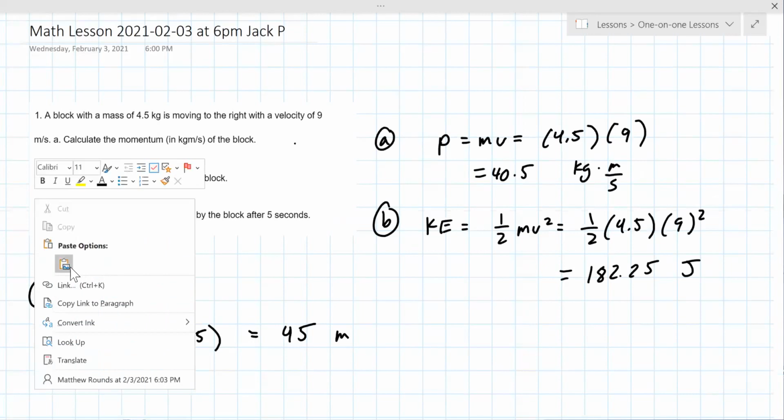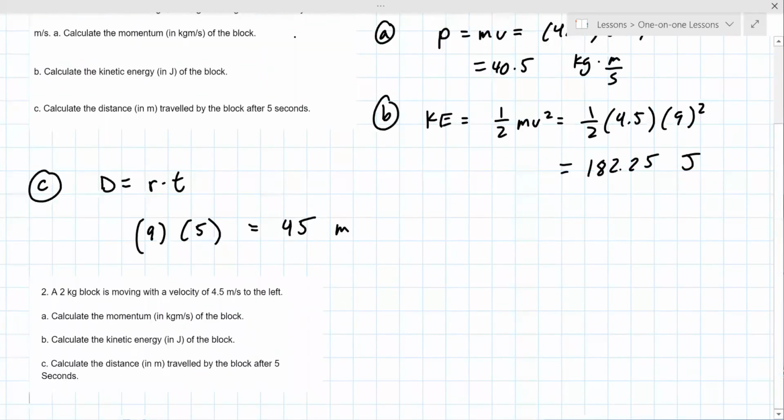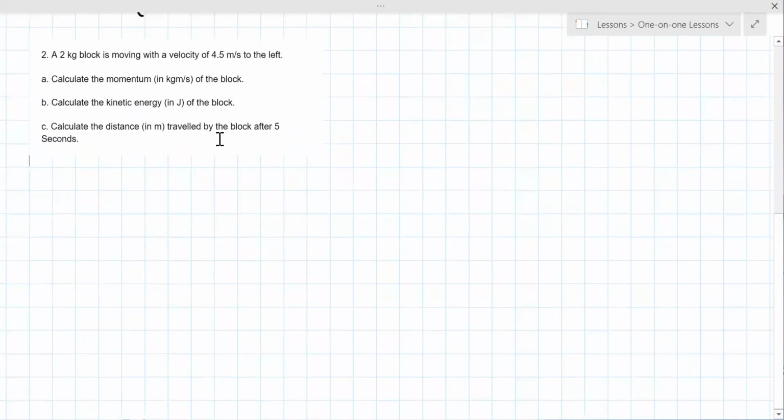Pasting it in. Okay, 2 kilogram block. It's moving with a velocity of 4.5 meters per second to the left. Okay, so now maybe to the left, they're considering left negative. I'm not really sure on that completely, but the momentum P is mass times velocity, which is 2 times 4.5.